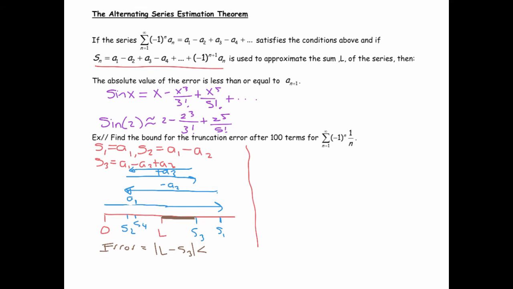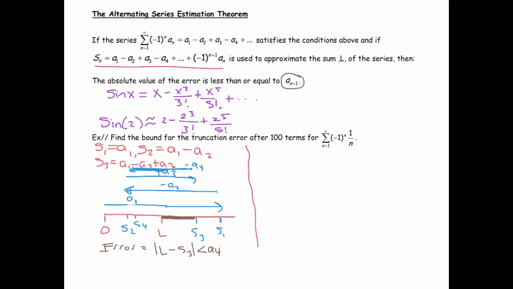That's not what I meant. What I meant was it's less than the fourth term in this series, right? Because this length right here is certainly less than the length of a sub 4. And so that gives us a convenient test, which is stated up here.